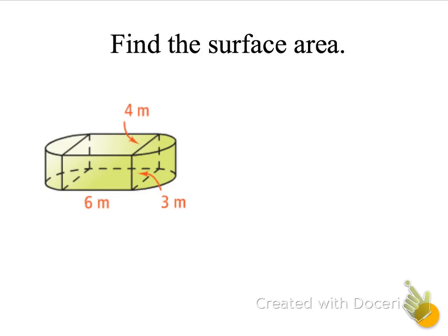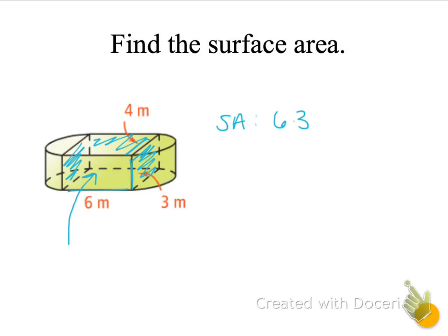Okay, so first off, surface area. We need to find the area of, let's do the rectangle first. The surface area is the area of all the sides and not the bases. So the bases are these two tiny rectangles. We're not going to add that in, but I need to find the area all the way around of all those rectangles. So the first one is 6 times 3.